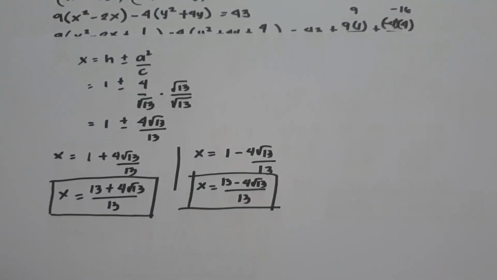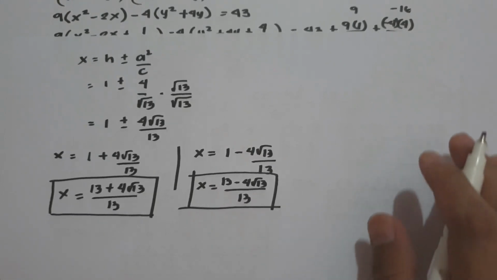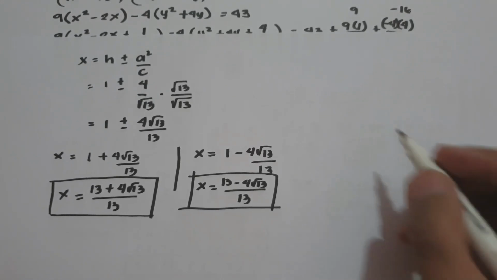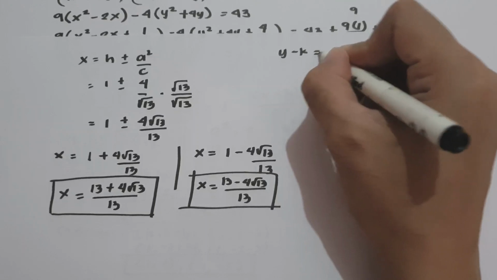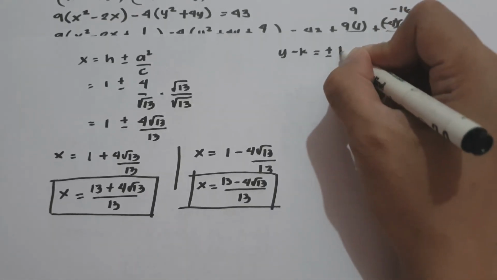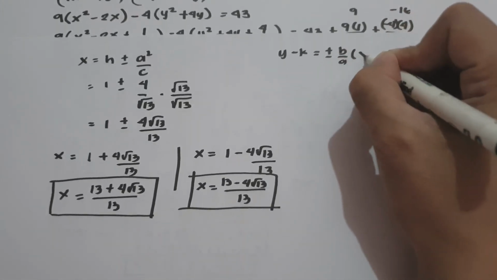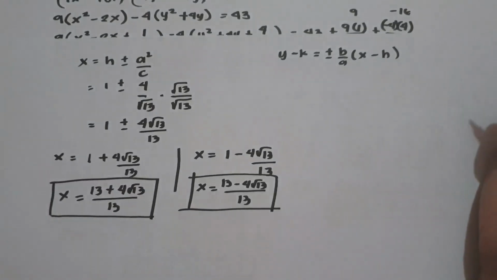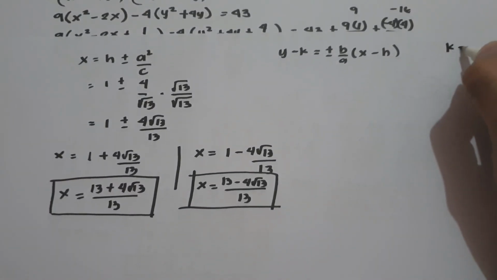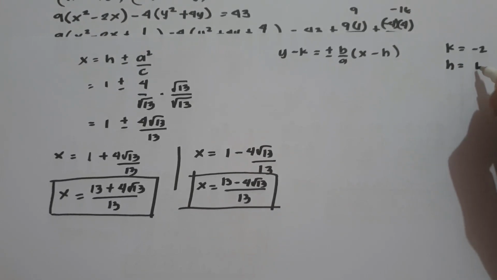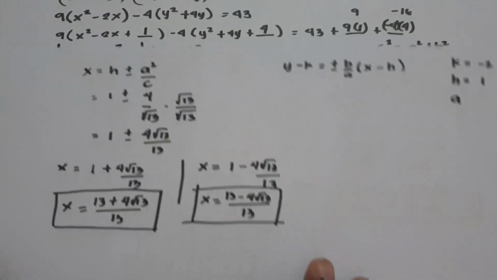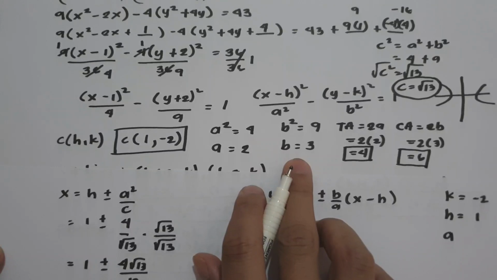And then, to find the asymptotes of our hyperbola, since our hyperbola is horizontally oriented, we are going to use the formula y minus k equals positive and negative b over a times quantity x minus h. The value of k is negative 2, the value of h is 1, the value of a is 2, and the value of b is 3.